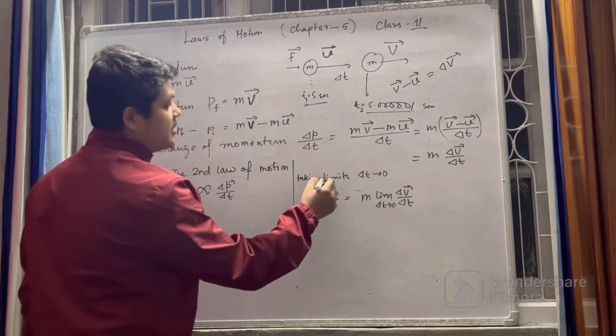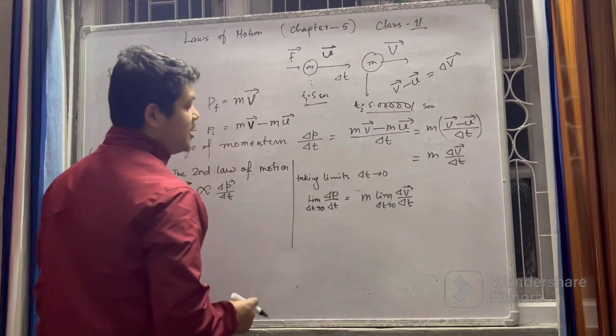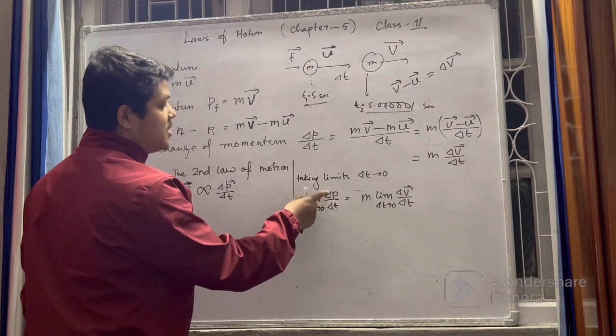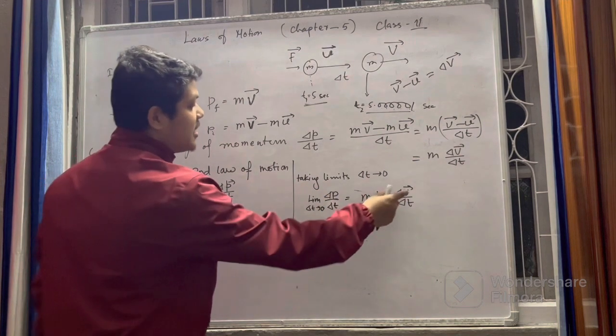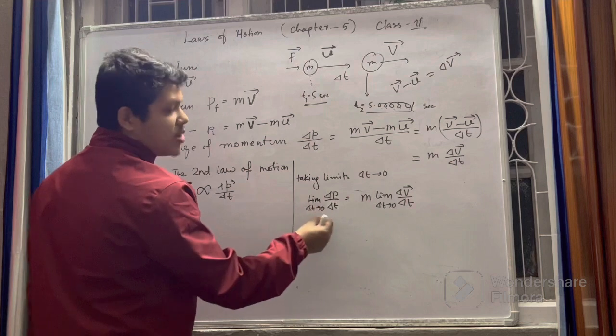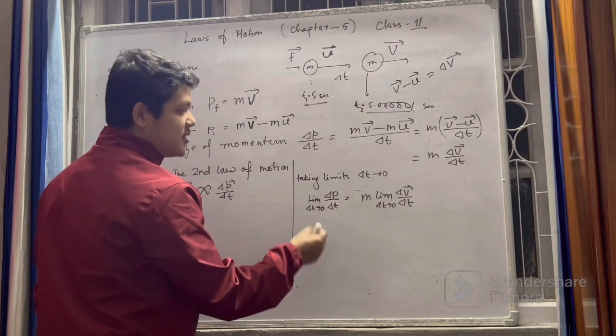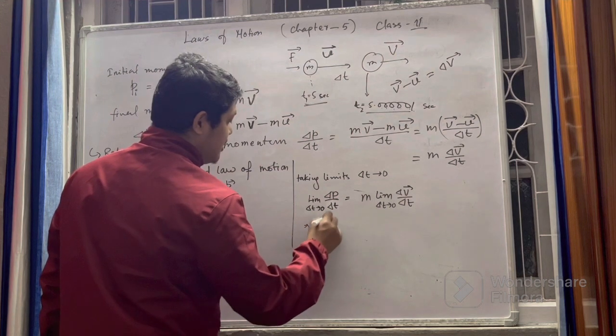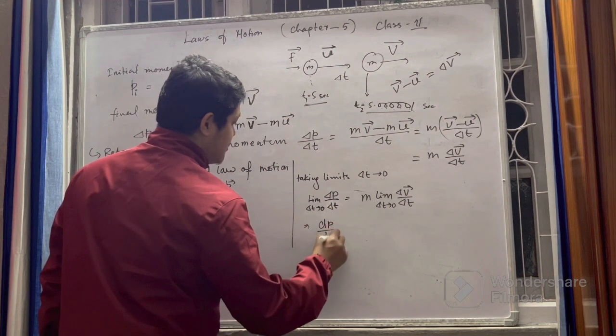So we are taking limits del t tends to 0, that means we are taking the rate of change of these quantities, here momentum, here velocity, within a very small interval of time, right? So then this can be written as dp by dt, right?